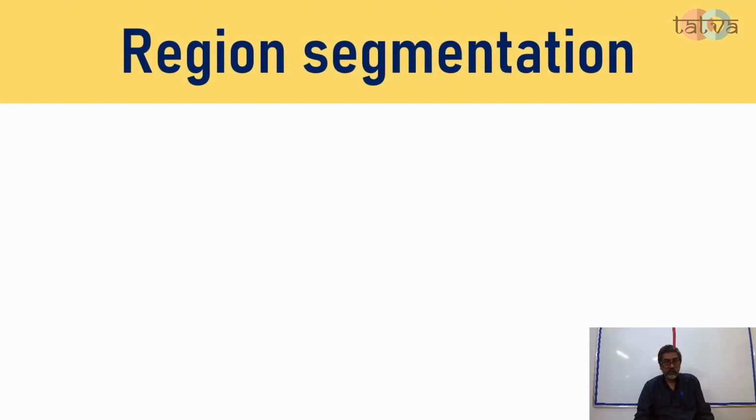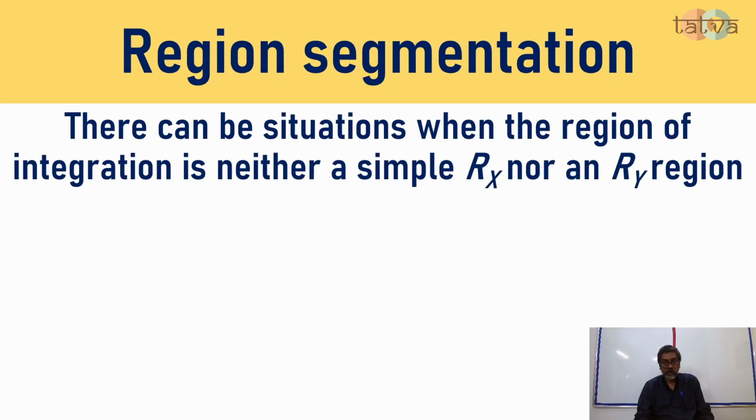Region segmentation is an advanced concept in this discussion. And when does it arise? There can be situations when the region of integration is neither a simple Rx nor a simple Ry region. That means between two vertical lines, there are intersections, or between two horizontal lines, there are intersections. So then you have to definitely break up the region into segments.